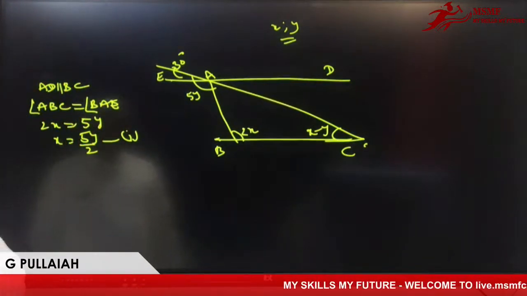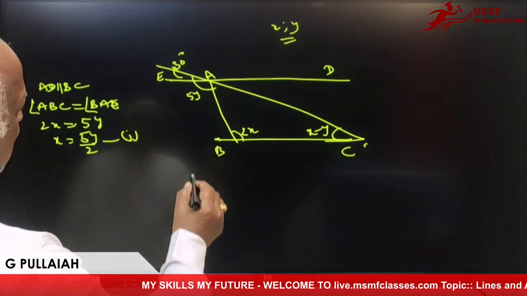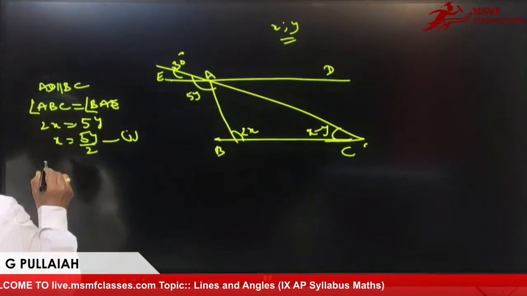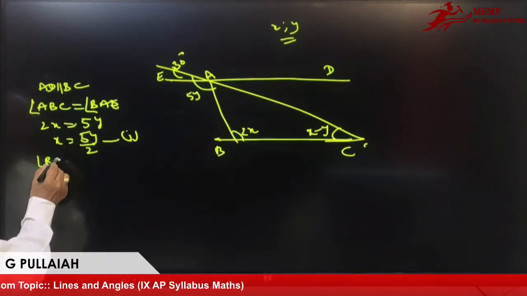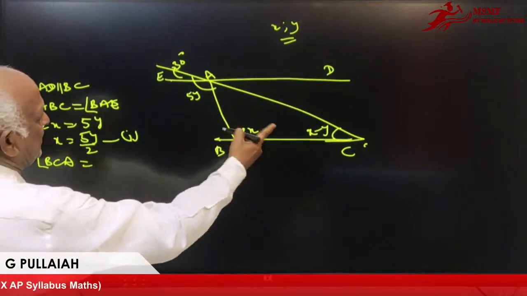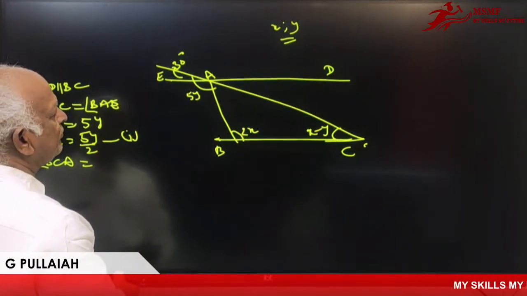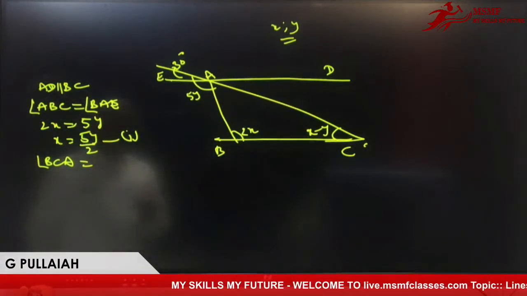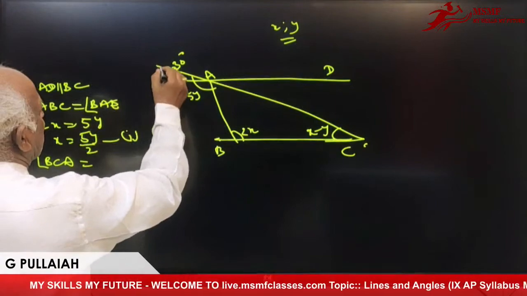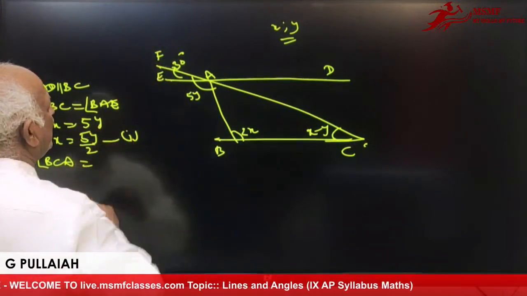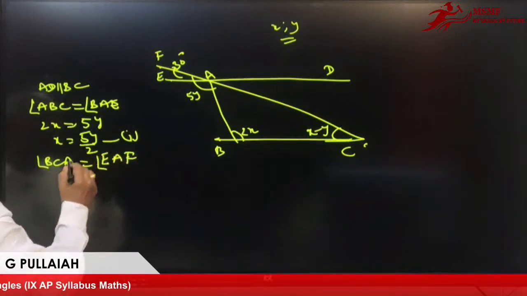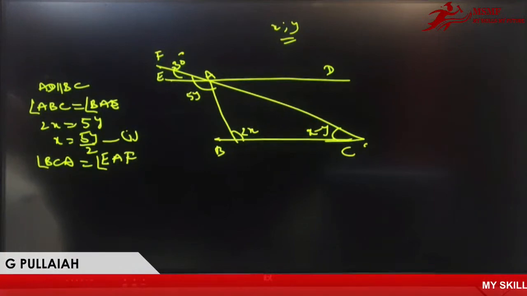Another thing, because here AD is parallel to BC, we can say angle BCA is equal to, here we can call this as F, because they are the alternate angles, corresponding angles.